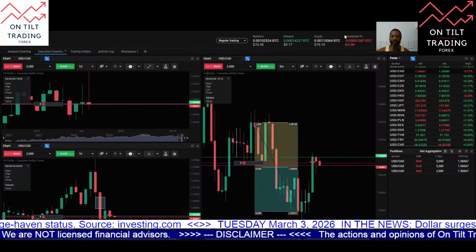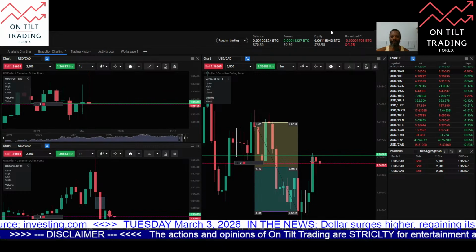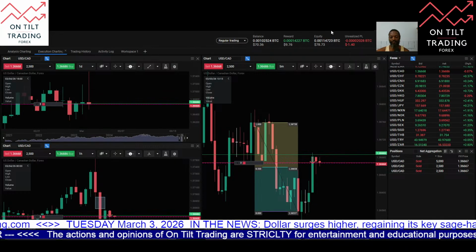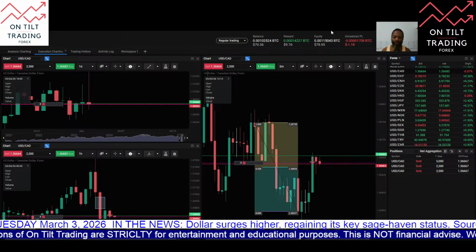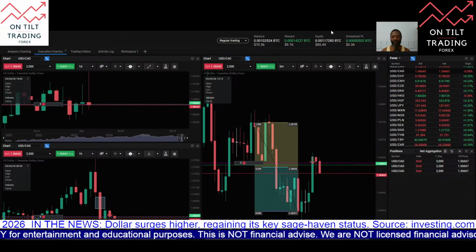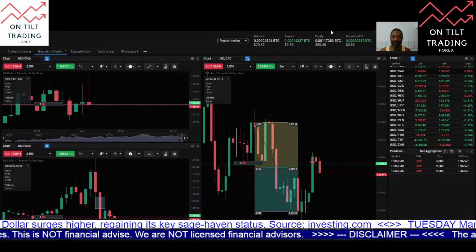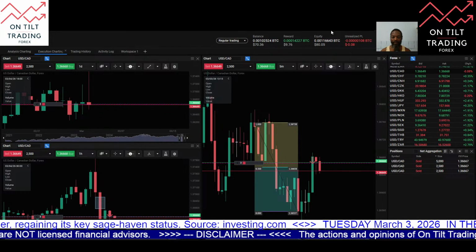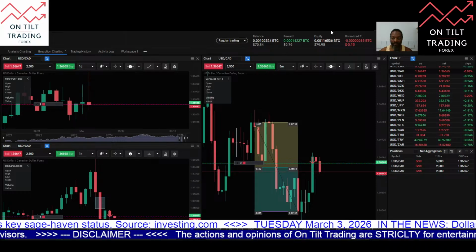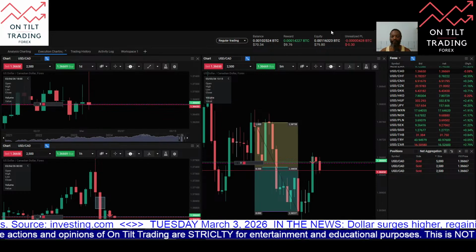Seeing some sell side delivery here with speed. We'll see if this is further consolidation or if there is any continuation with this sell side delivery. Now price testing the 5-minute low and testing the bullish fair value gap, the recently formed bullish fair value gap here on the 5-minute.